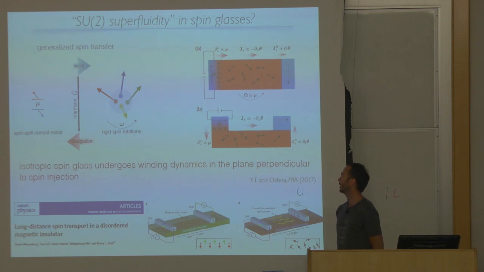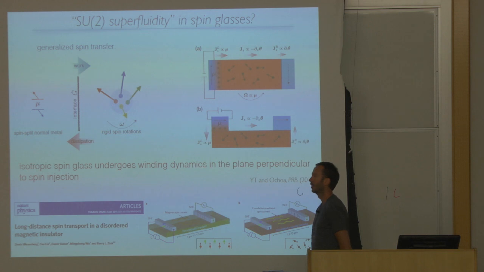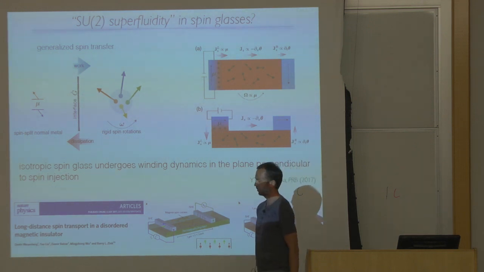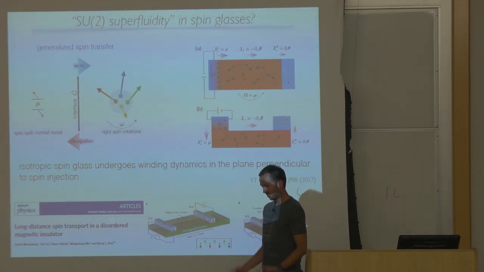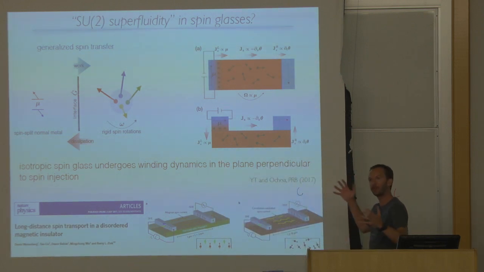So far, it's all classical, right? But here I'm describing everything in terms of really coherent dynamics. So far, I have not formulated any issues that would suffer from dephasing.